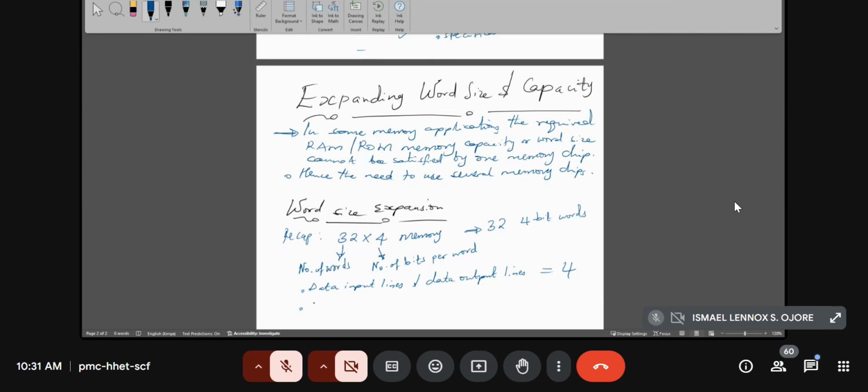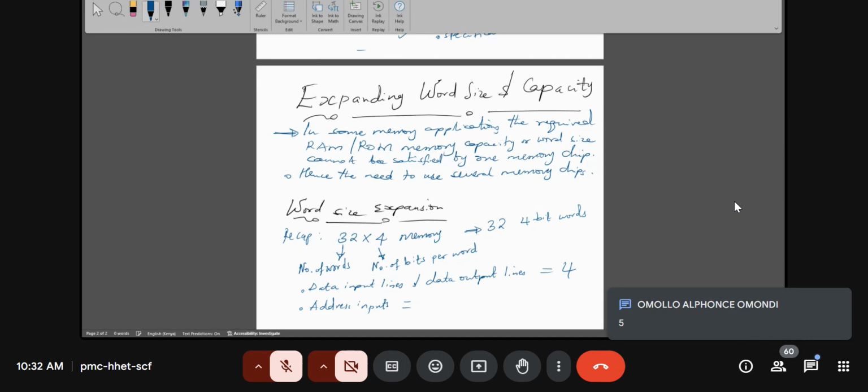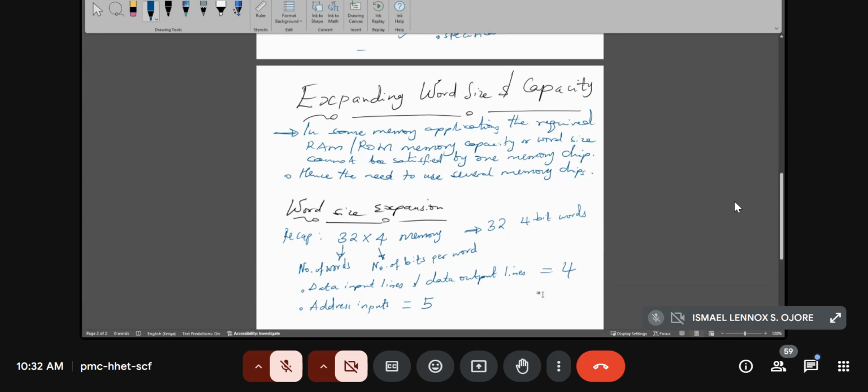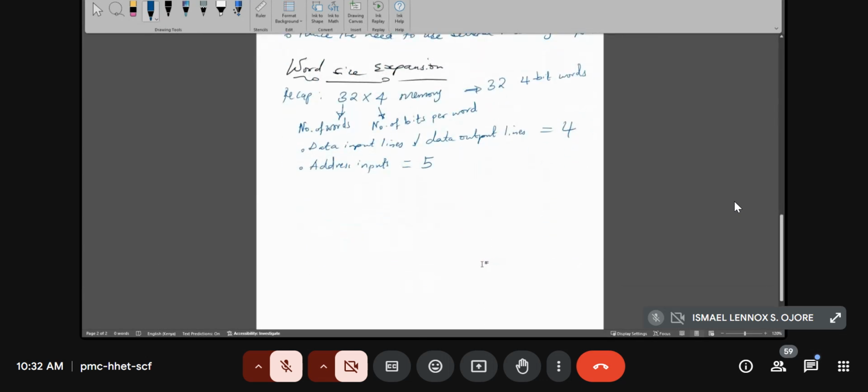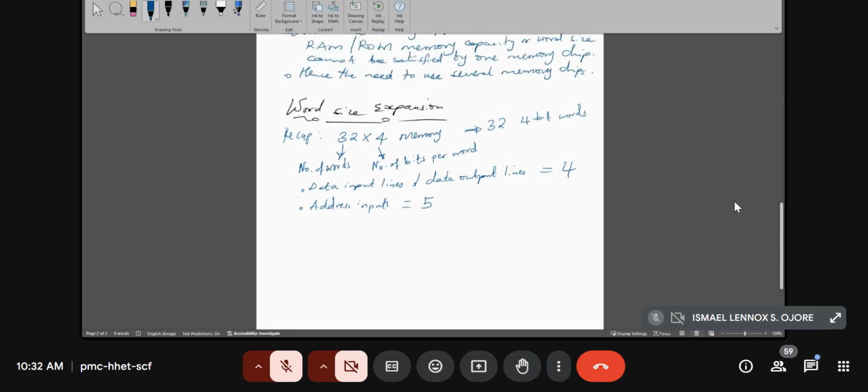What about the address inputs? How many address inputs do we need for this? 5. Somebody says 5, and that's correct. And I hope everyone knows where that 5 is coming from. So anyway, I think that shows we can remember what we covered.